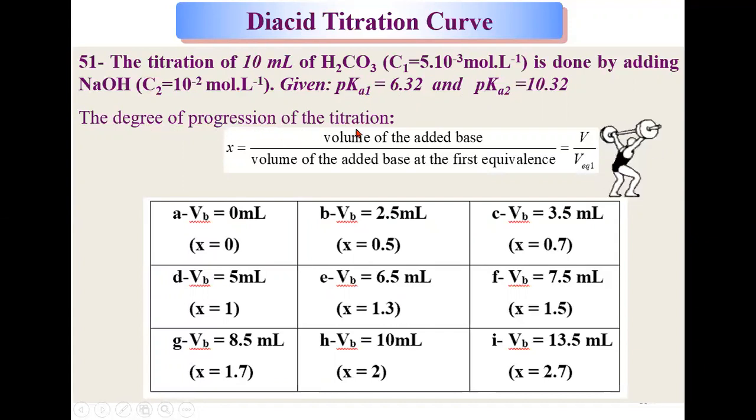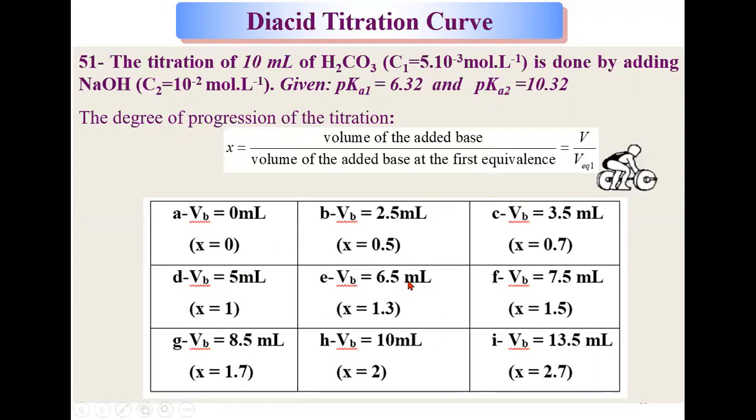The degree of the progression of the titration is described by X, which is the volume of the base added divided by the volume at the first equivalence. And we're asked to calculate the pH at each of these, which is quite a lot, of volumes of NaOH added.